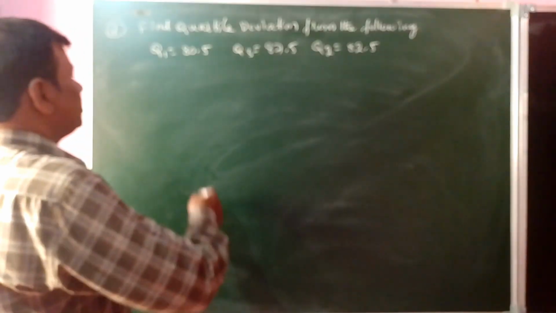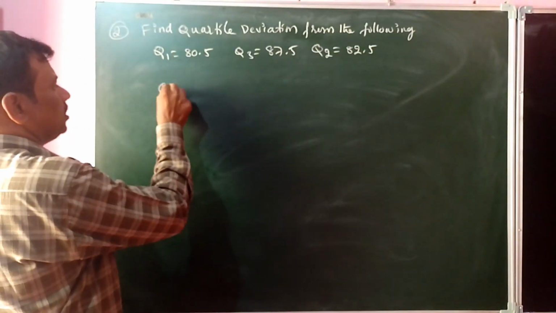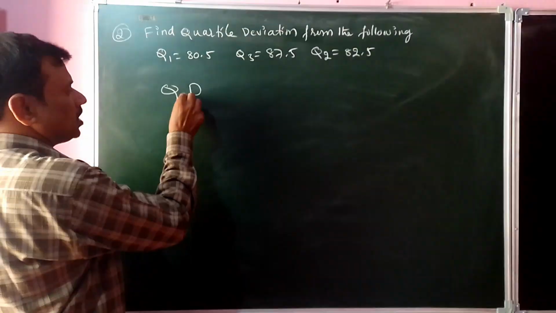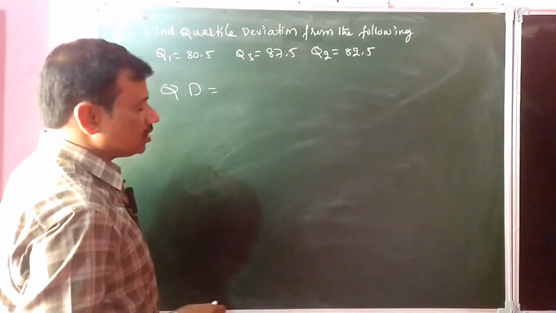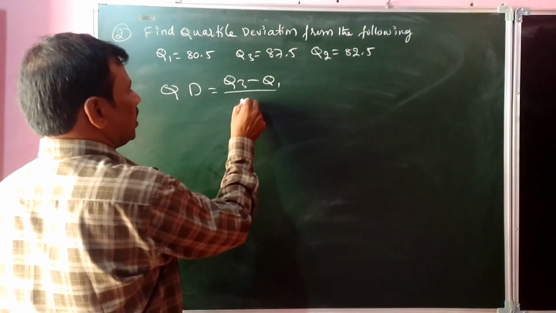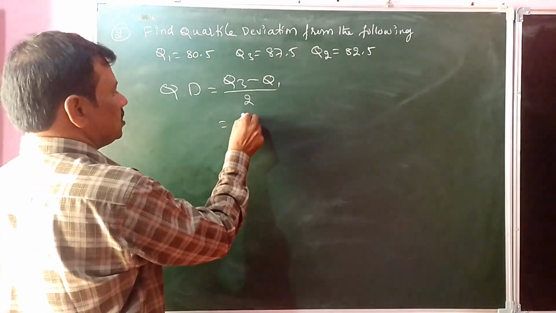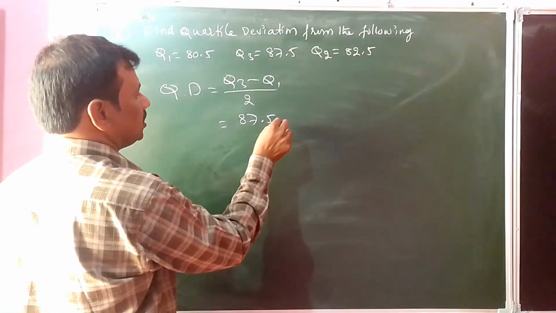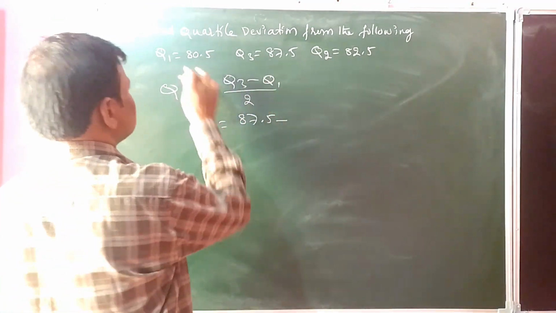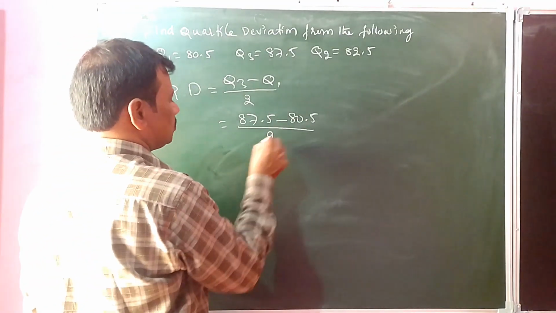They are asking for the quartile deviation. QD stands for quartile deviation, and the formula is Q3 minus Q1 divided by 2. So Q3 is 87.5 minus Q1, 80.5, divided by 2.